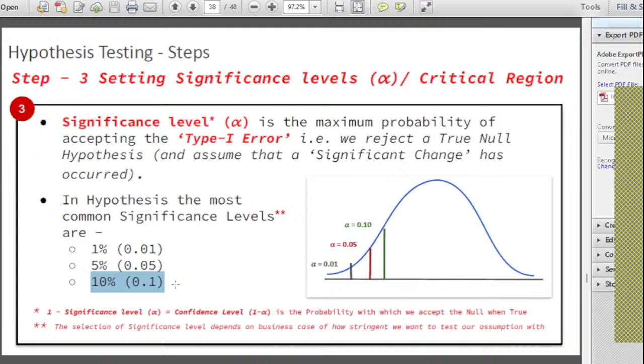So if alpha is 5%, there is a 5% chance that this sample may give me a wrong prediction or wrong inferences about the population.